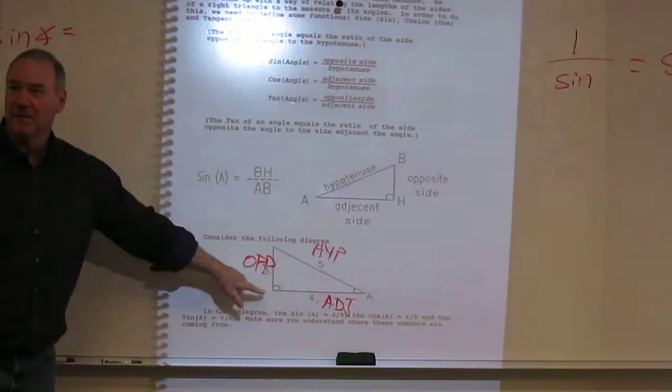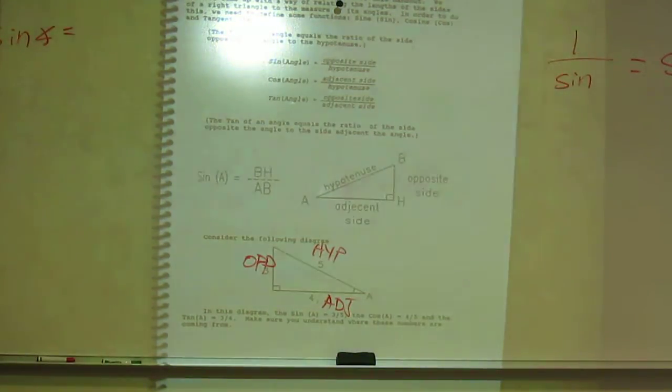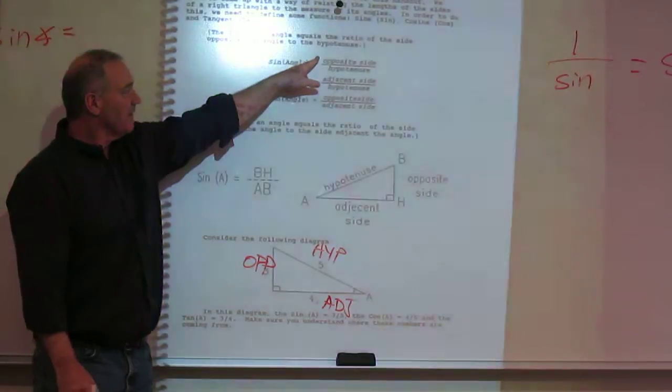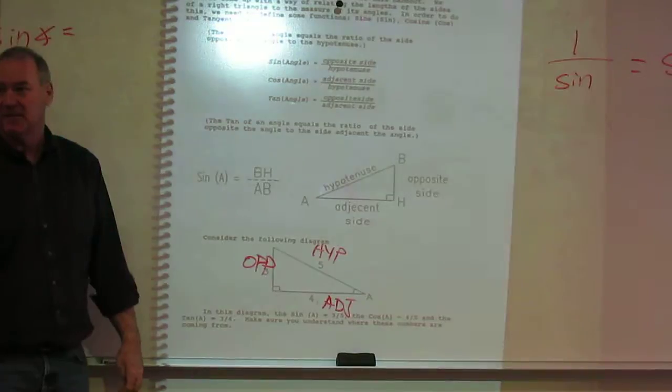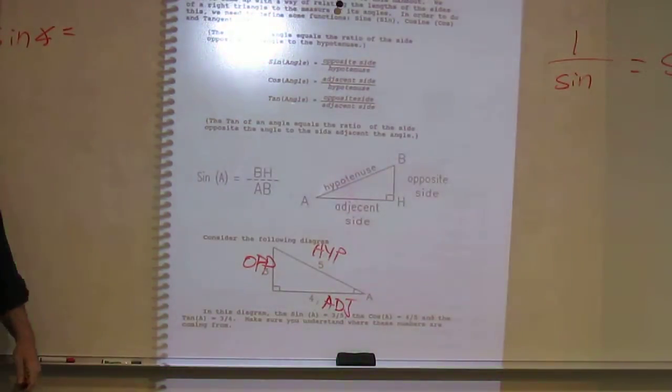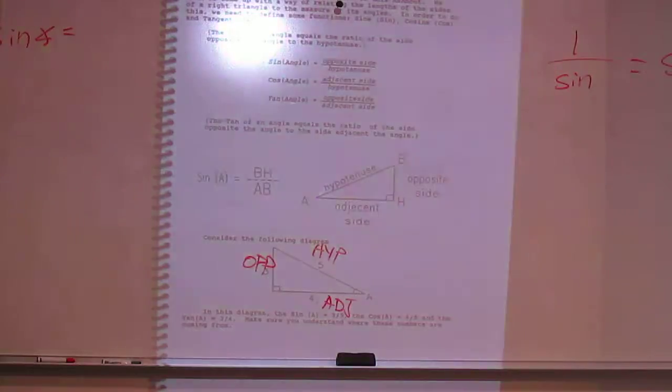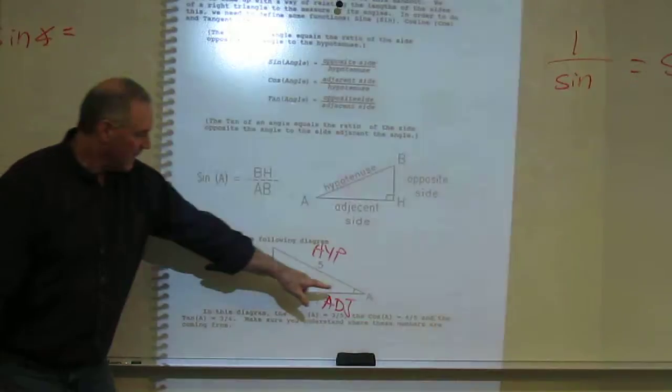Okay, which two numbers am I going to use here? You know the sine is equal to opposite over hypotenuse. Come down here where I've got this triangle. Which side's labeled opposite? Here's my angle.